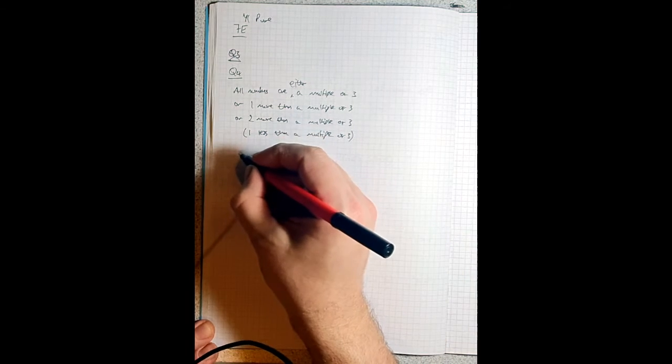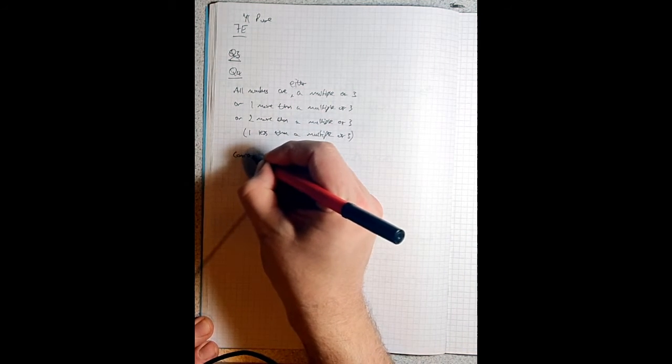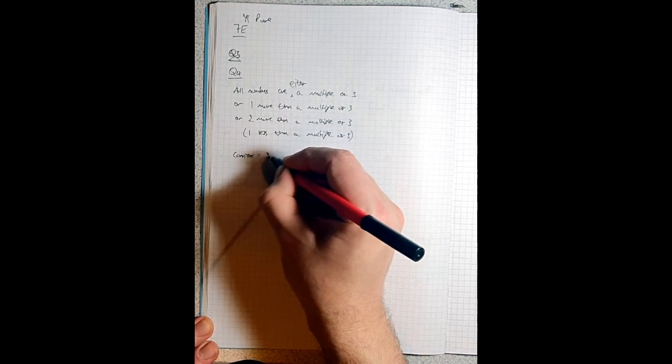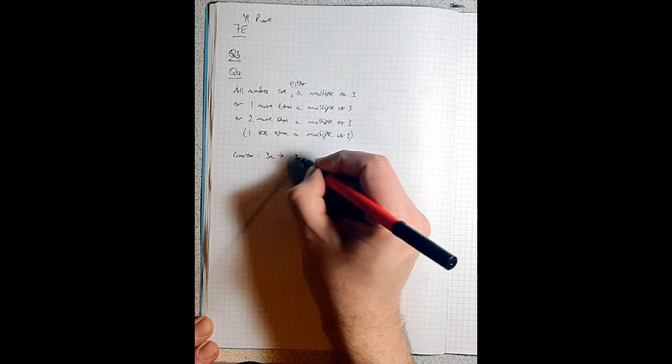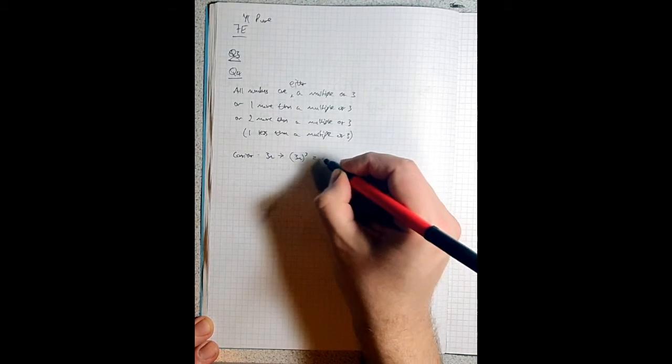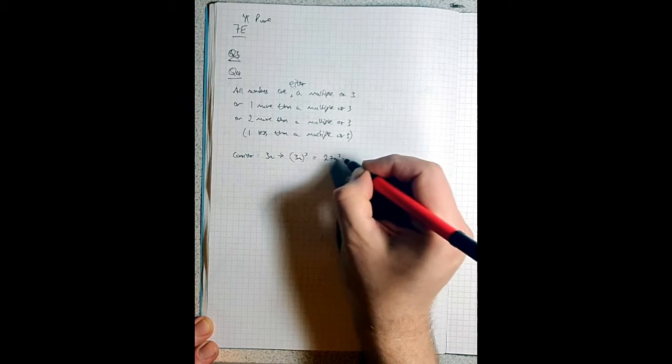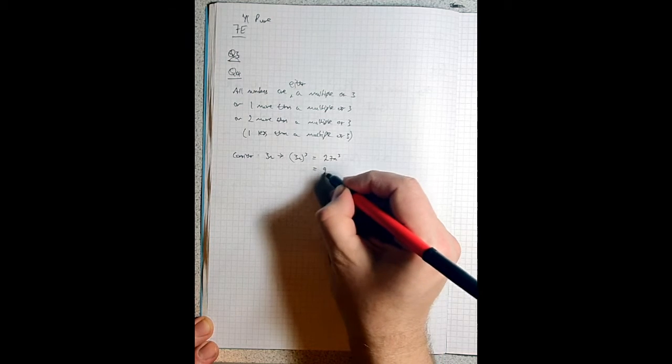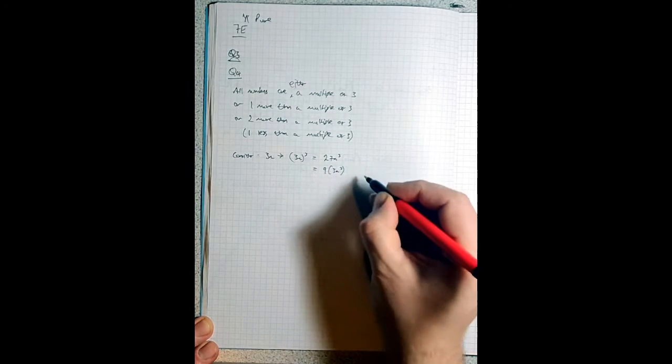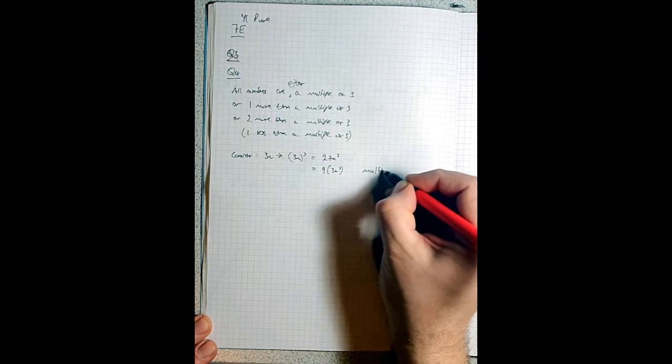So if I consider a multiple of 3, 3n cubed is 27n cubed. Well, of course, that's 9 lots of 3n cubed. So it's a multiple of 9.